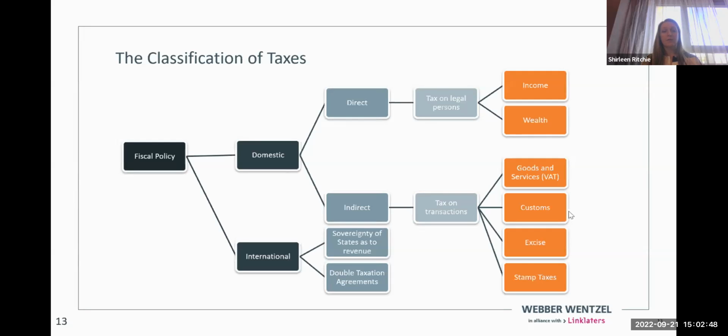On the international tax front, most jurisdictions can only tax what is within their defined legal borders, not necessarily the physical border, but the legal border.